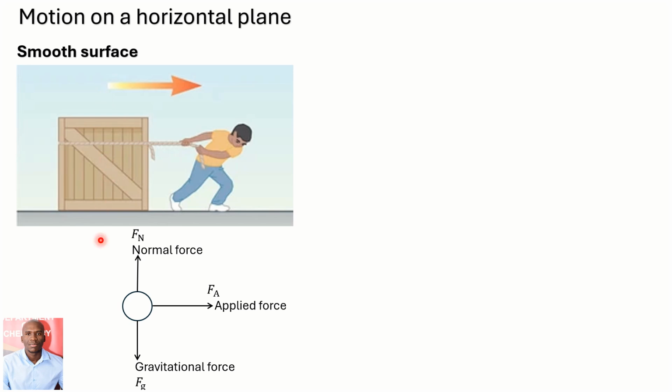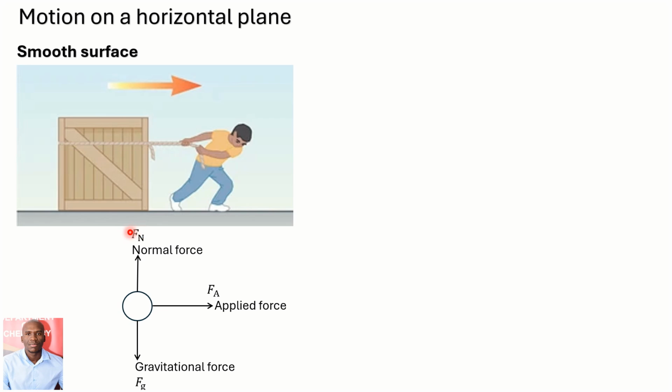As such, it simply means that this arrow for the normal force should be of the same magnitude as this arrow for the force of gravity, meaning that the normal force is equal to the force of gravity in this case, because the box is not going up and down, instead it's going to the right.